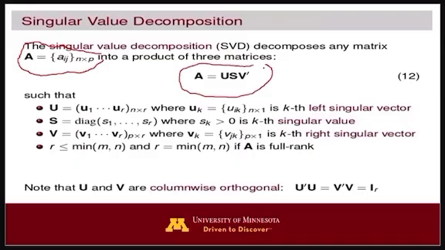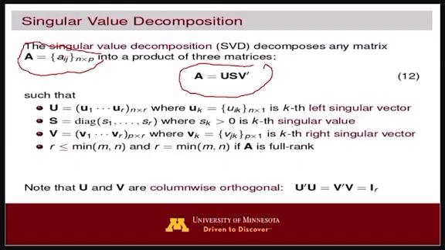Now, U S V transpose. Take a look at the first one. This has a very good application to image processing as well, particularly if you want to talk about surveillance video applications, where you want to separate motion from a static background, stuff like that.